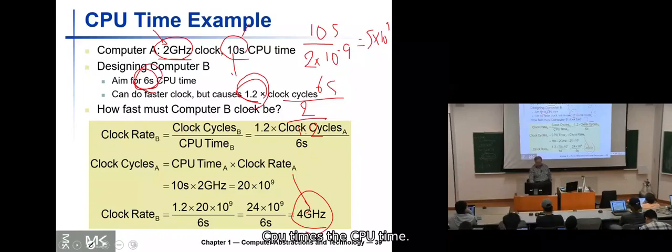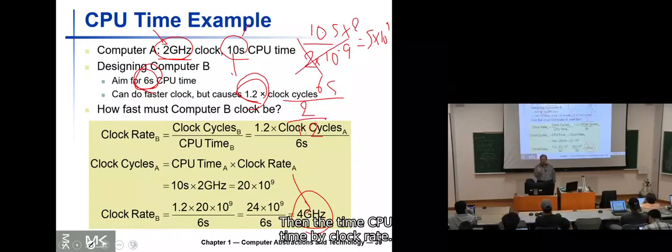CPU time times the clock rate. Yeah, CPU time clock rate is 10 seconds times 2 gigahertz. What? We divided. Oh, wow, we made a mistake. We should divide CPU time by clock rate, or rather multiply 10 seconds times 2 gigahertz.